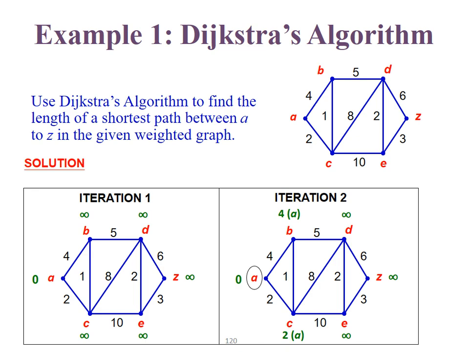So once the weight is infinity, it's not likely to satisfy the condition to update its weight. So basically, you don't have to consider all the other vertices. You don't have to consider these vertices for updating since there are no edges for those vertices.